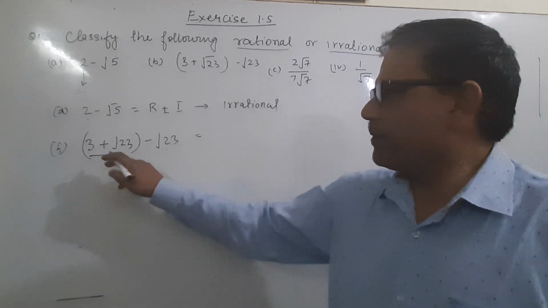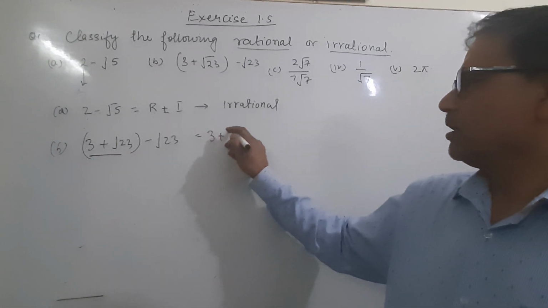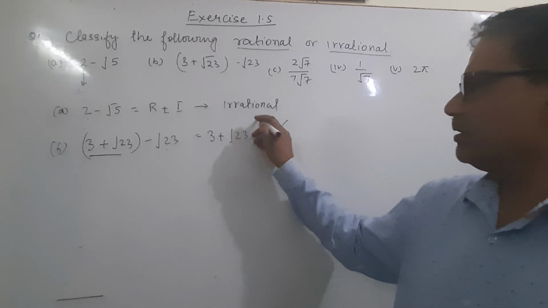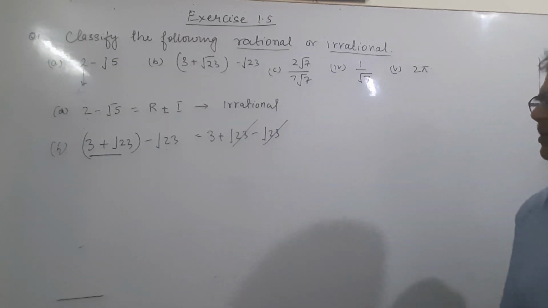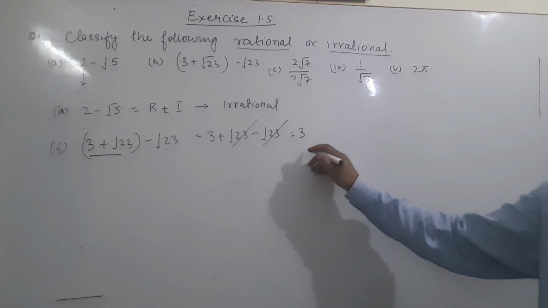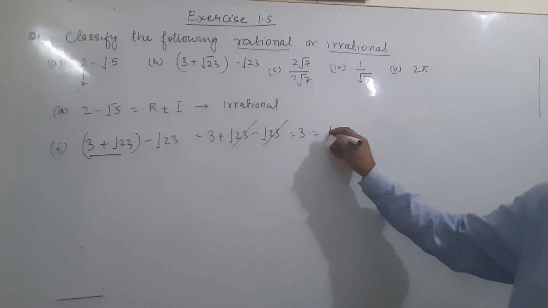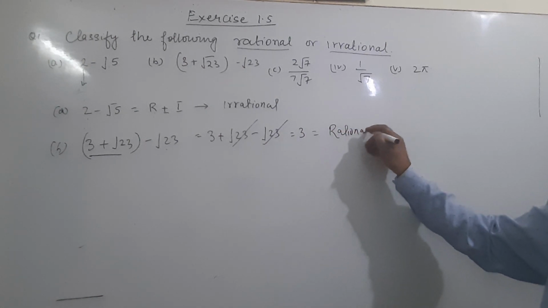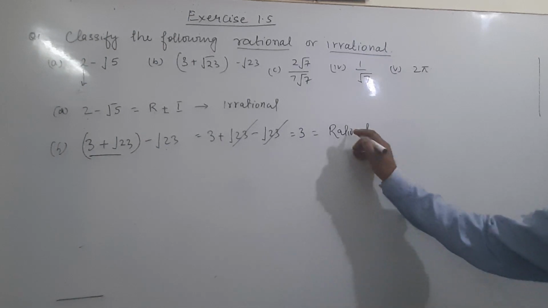We have to open the bracket. What will we do? 3 plus root 23 and minus root 23. They will cancel, and the answer will be 3. And 3 is a rational number. It is rational. Is it clear?